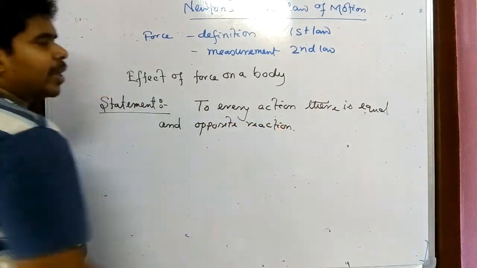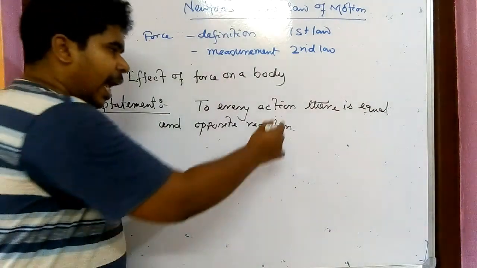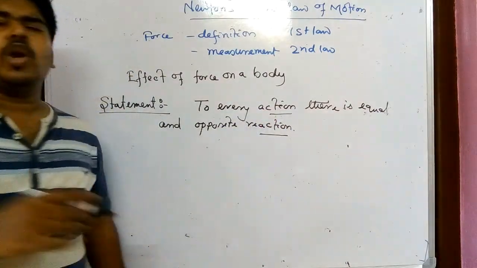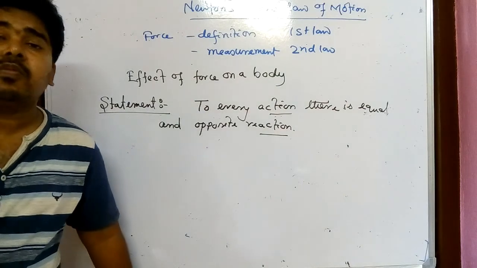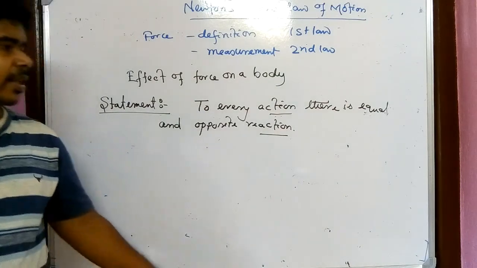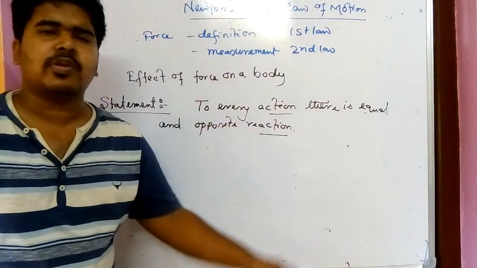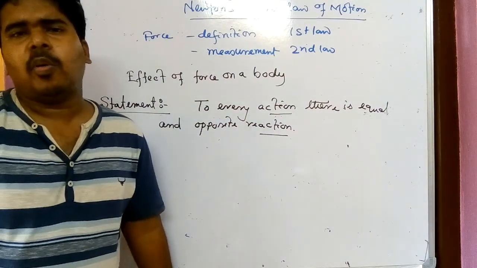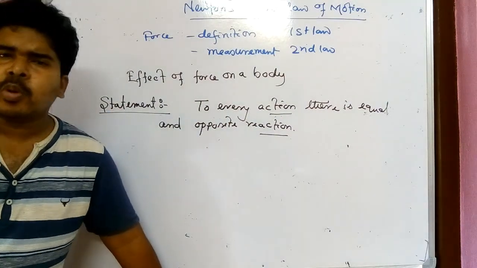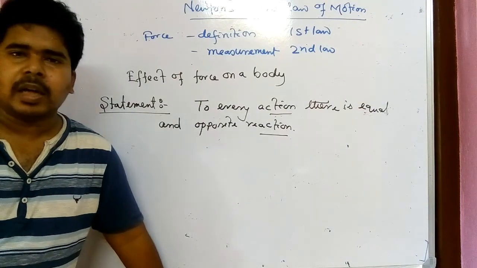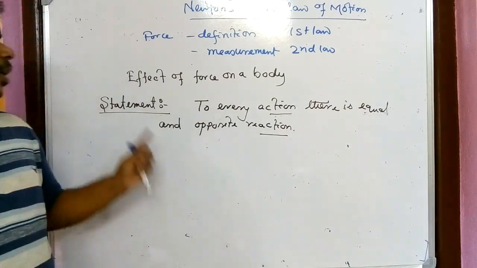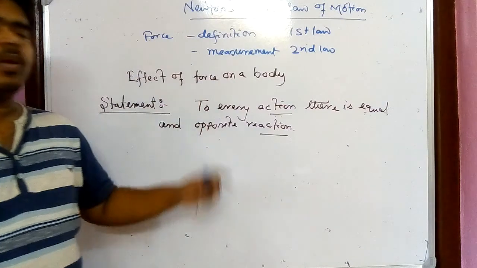One thing I'll make clear here: action and reaction both are talking about force. When we apply a force on a body, that body also gives an opposite force on us. That is only the effect of force on a body.